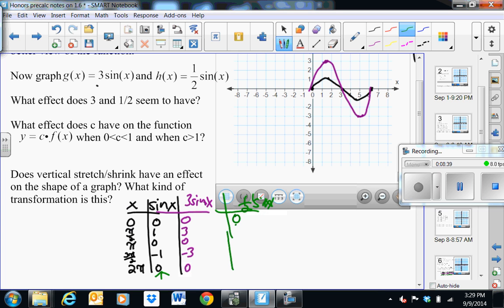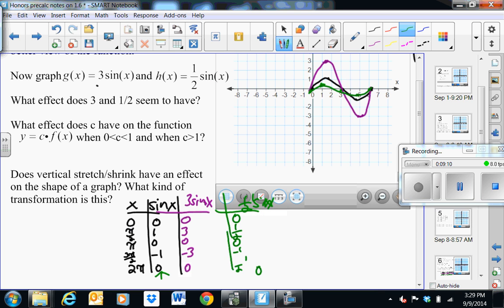So now we're going to get 0, 1/2, 0, -1/2, and then 0. So sorry that looks awful, but we have 0, 1/2, 0, -1/2, and then 0.